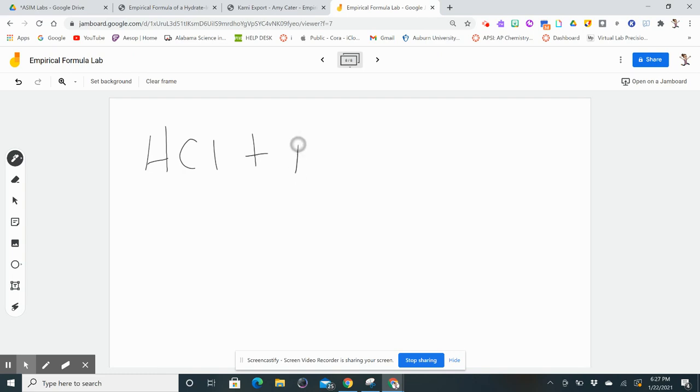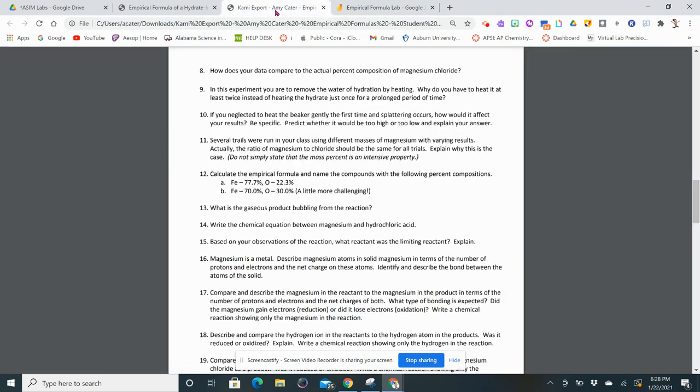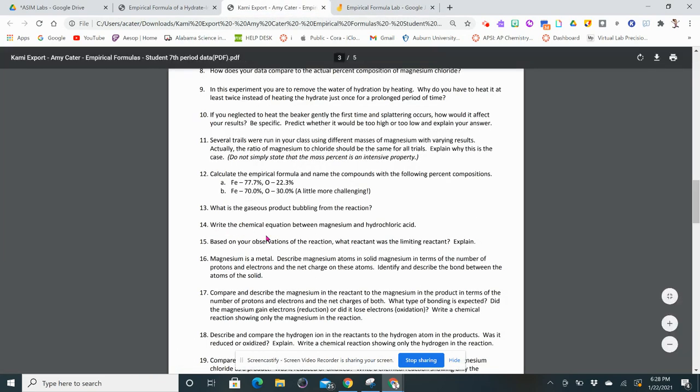We had magnesium metal, and the law of conservation of matter and energy says I have to end up with those three things, not arranged in that order, but I have to end up with those three things. So the bubbles have to wind up being hydrogen gas, and then the only other two things that are left are these two things, and that's going to be magnesium chloride.